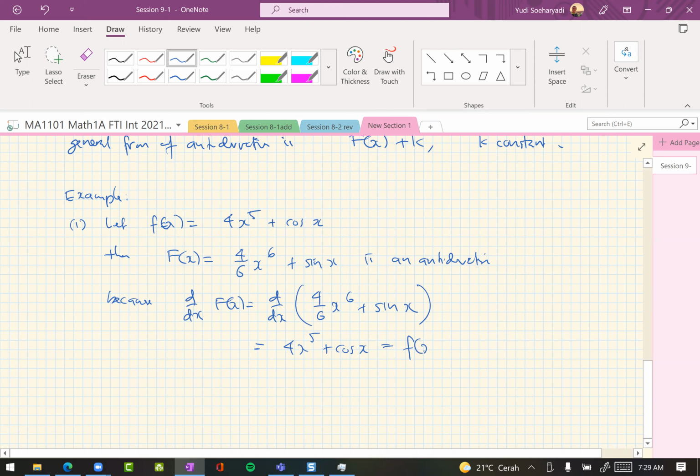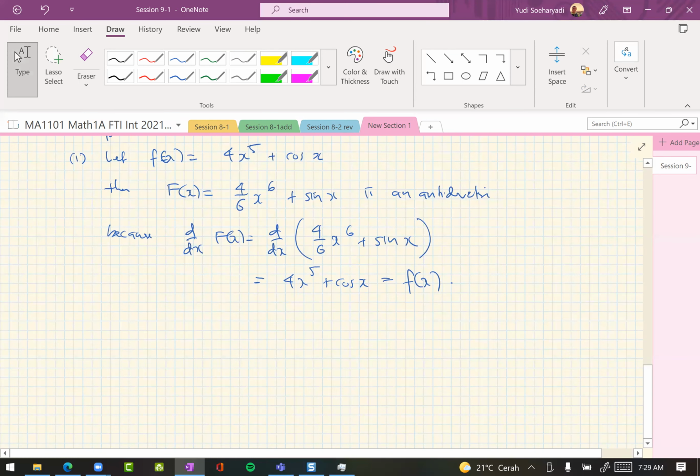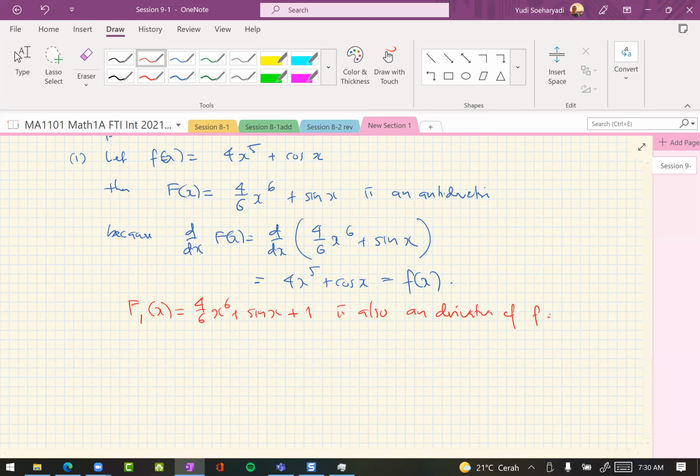So this is equal to this, that's all capital F. We see also that another antiderivative, for example, capital F plus one, is also an antiderivative, because if you take the derivative of this one, that's zero, and this gives you this one.